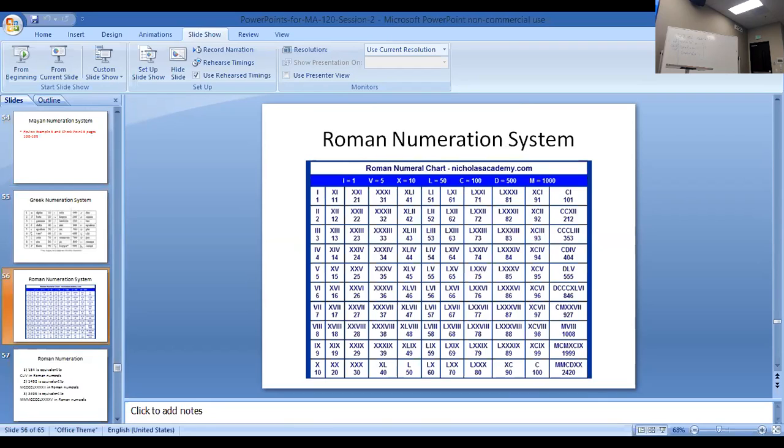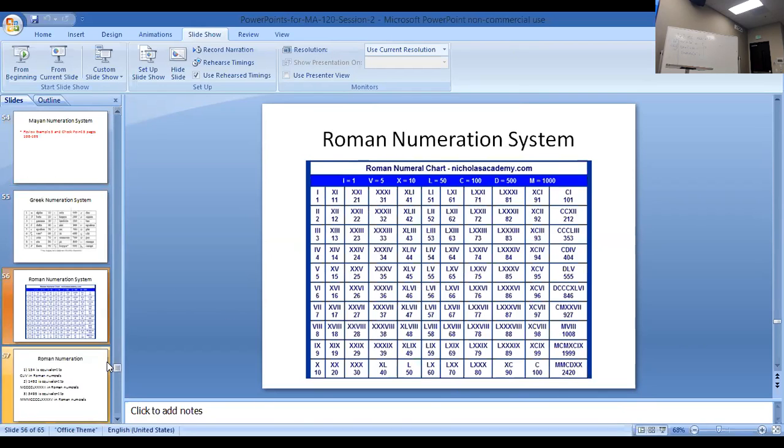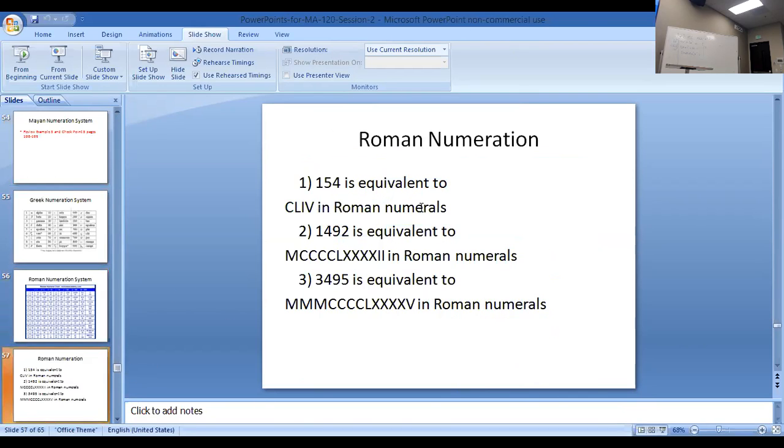So 50 is right, it's at the bottom, it's L. And 4 is right here, IV. So CLIV.